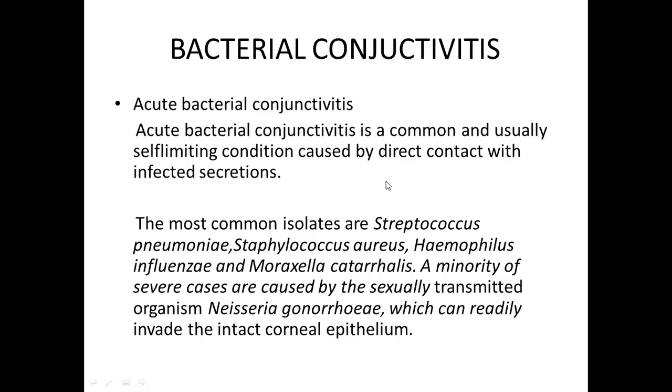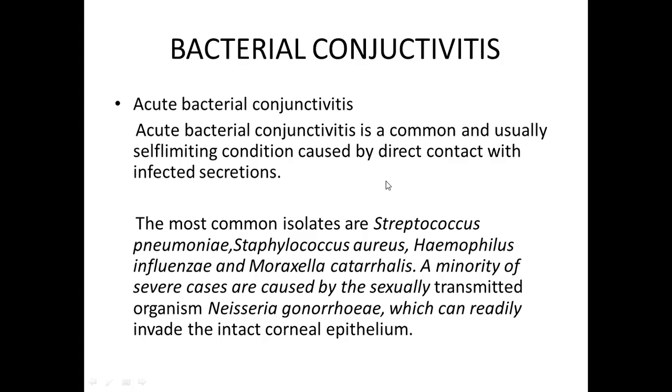So bacterial conjunctivitis: there's the acute bacterial conjunctivitis, which is a common and usually self-limiting condition, and is caused by direct contact with infected secretions, any secretions, either tears and all of that.